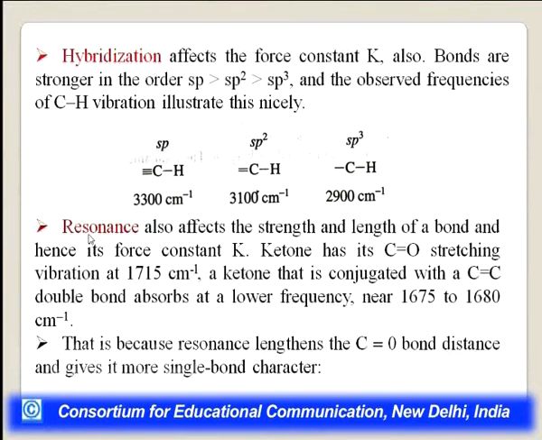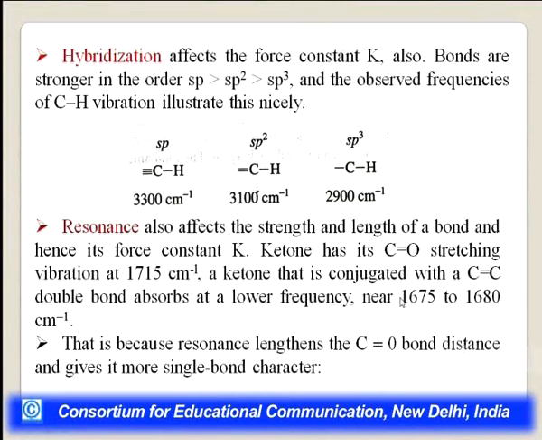Next point is resonance. Resonance also affects the strength and length of a bond, and its force constant K. For example, a ketone has its C double bond O stretching vibration at a value of 1715. A ketone that is conjugated with a carbon double bond absorbs at a lower frequency near this.